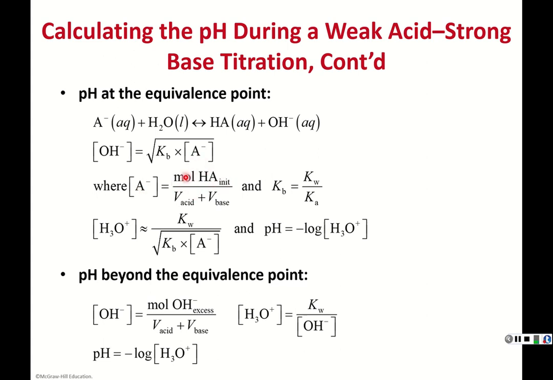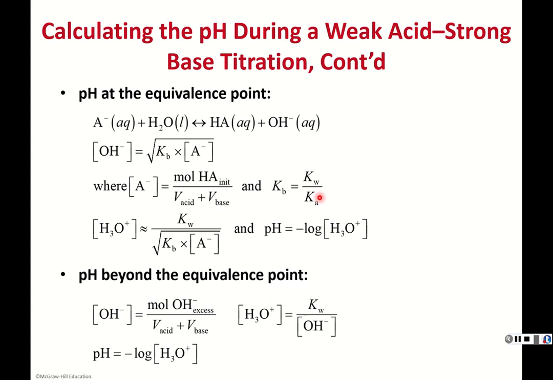At the equivalence point, all of those moles of weak acid will have been converted into your conjugate base. You divide by the volume of your weak acid you started with plus the volume of the base you've added. Okay, so that's how you would calculate that. If you're not given Kb, which most likely you won't be, you'll have to calculate it based on Kw divided by Ka.